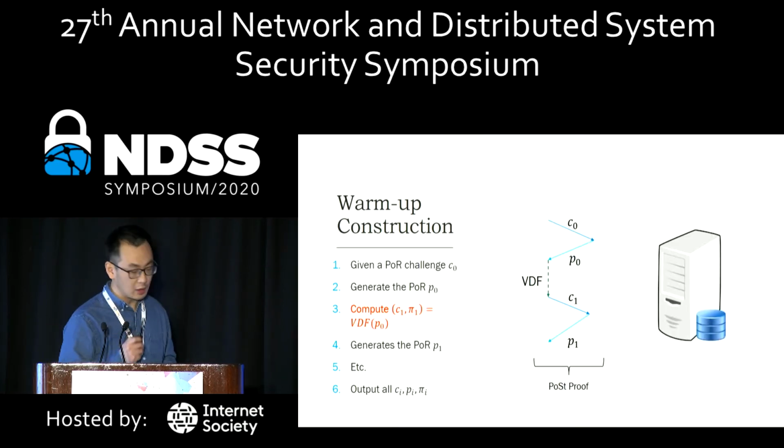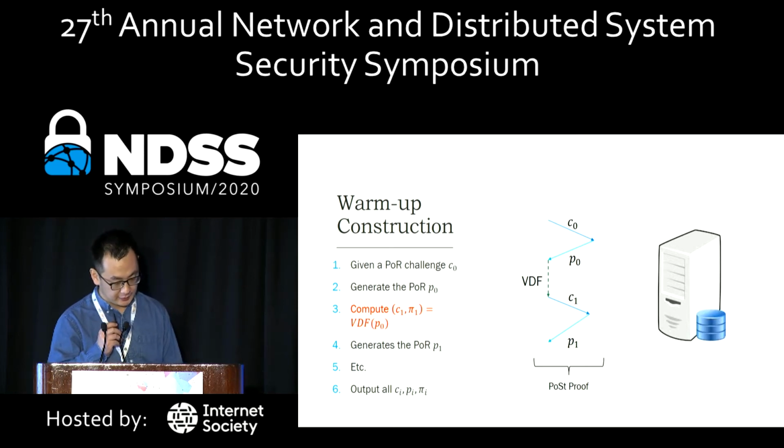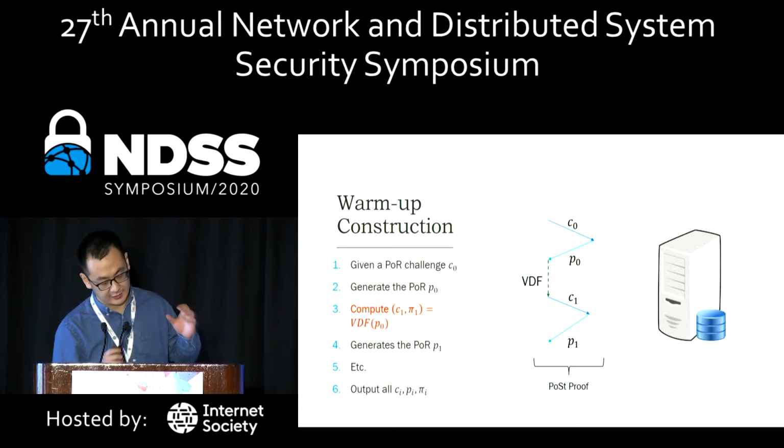So our first idea is to replace the random oracle hash with a VDF. So we guarantee that the PORs are computed sequentially, and between two PORs there is a specific time delay. So why do we need a specific time delay?